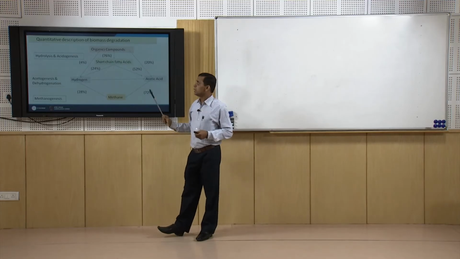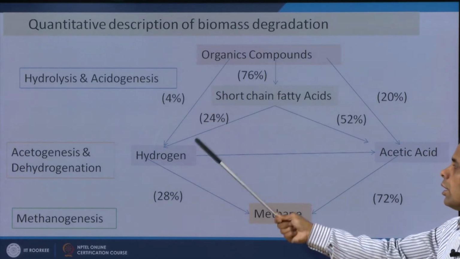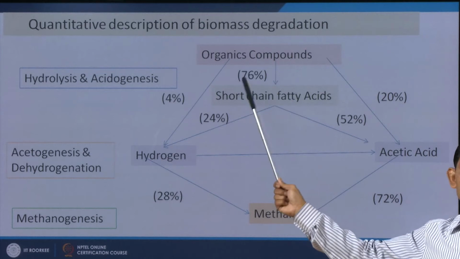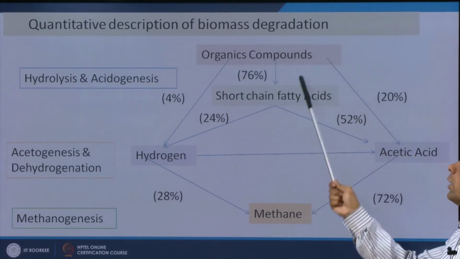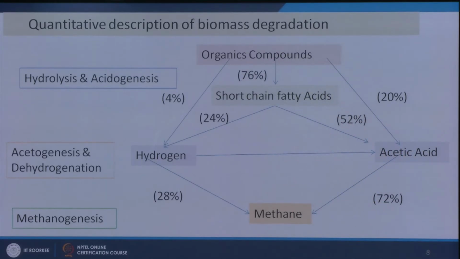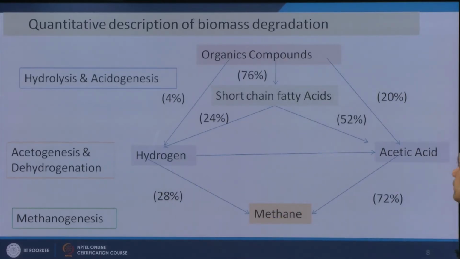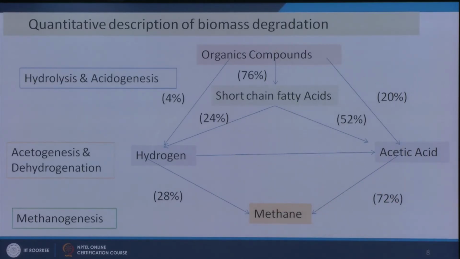The organic compounds will be converted to hydrogen, acetic acid and short chain fatty acids through acidogenesis and the fermentative route. 76% of the organic compounds is converted to short chain fatty acids, 4% directly to hydrogen and 20% to acetic acid. So, this is the fermentative route, and these are the contributions: 76%, 4% and 20%.